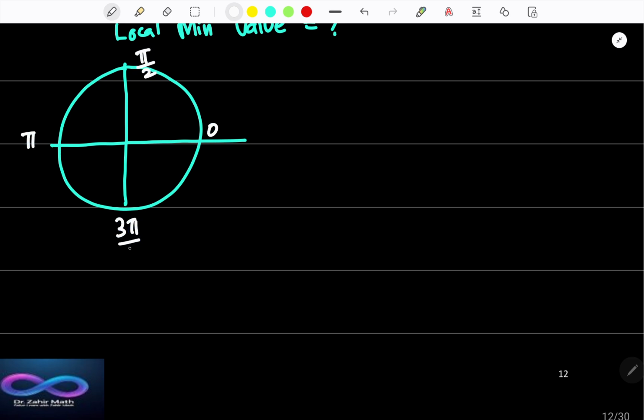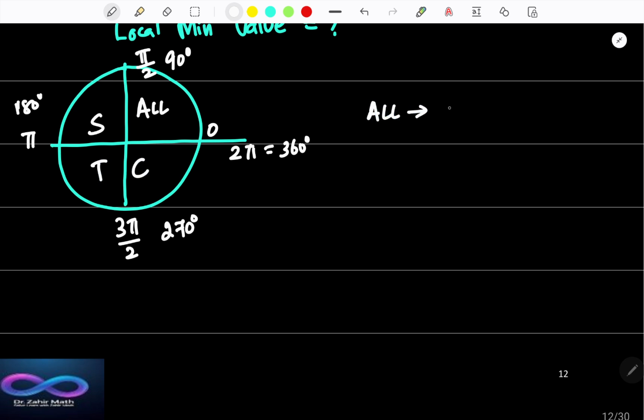This is 3 pi by 2, and this is 2 pi. This is in radian. Suppose you want to say in degree, this is 90. This is 180 plus 90, and this is 270. And then this is 360 degree. And you know this is all STC. What do you mean by all? All means sine, cosine, tan and their reverses, you can say.